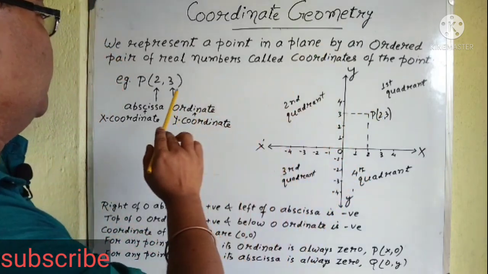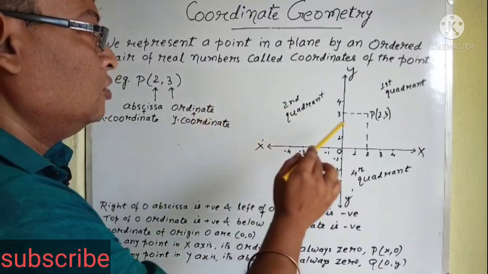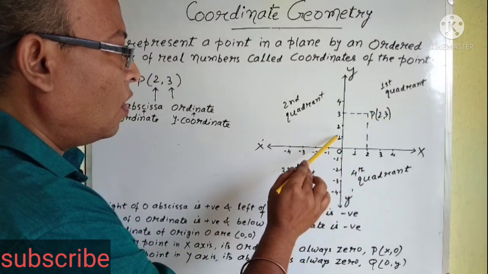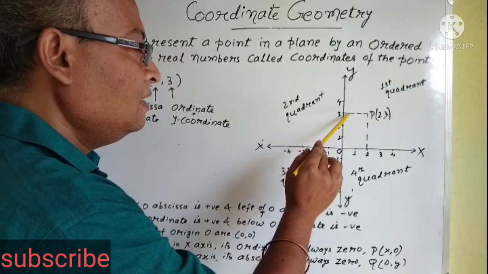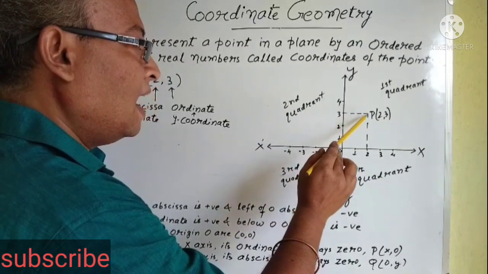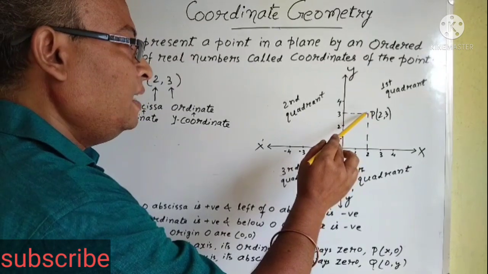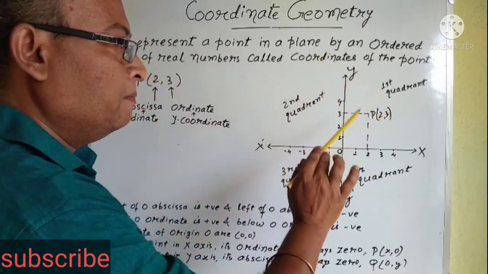Now 3, what is 3? 3 is your ordinate or y coordinate. So I will look over here in y. Where is 3? This is 1, this is 2, this is 3. So from here I will again draw a dotted straight line. So both the lines will intersect at a point. So this point is your P(2, 3).